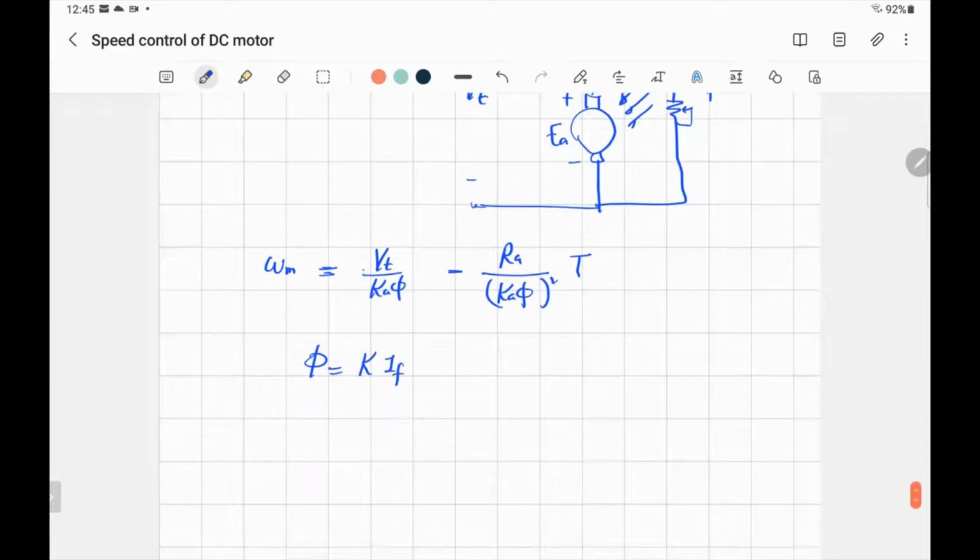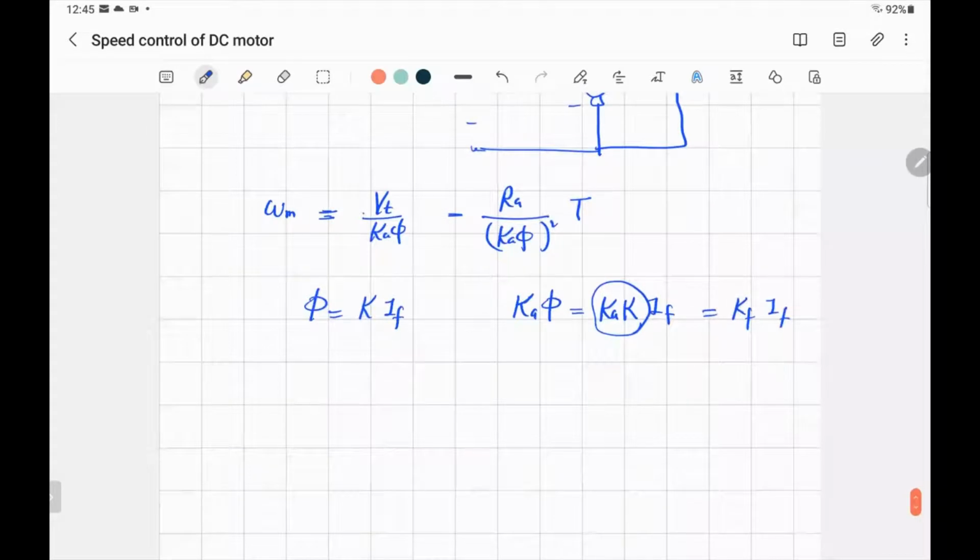If you remember the constant Ka phi, I'd like to call it by one name. Ka is a constant, and phi is equal to another constant times IF, so I can call all this one Kf. So Ka phi is equal to Kf IF. Now I make it proportional to the field current.